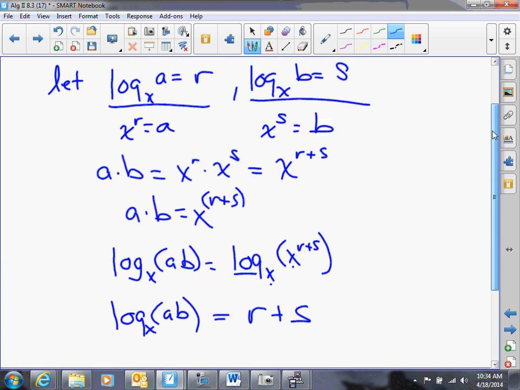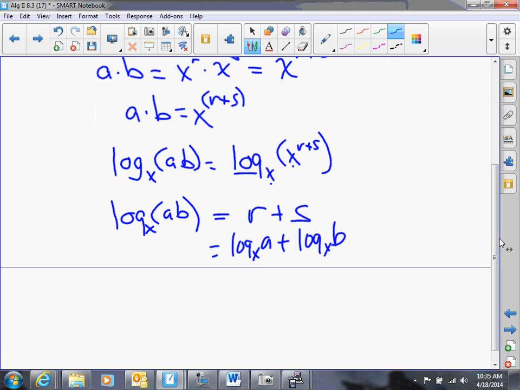Up here we have R right here, R is equal to log base x of A. So I'm going to put log base x of A where R is. And what is S? Well, according to this one, S is the log base x of B. So I'm going to put log base x of B here.